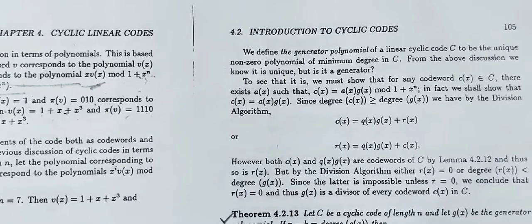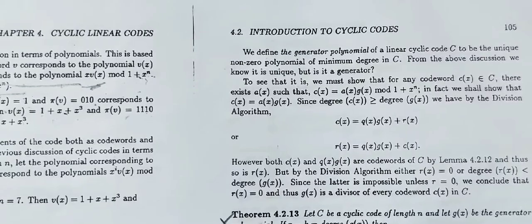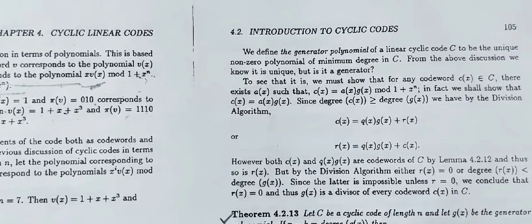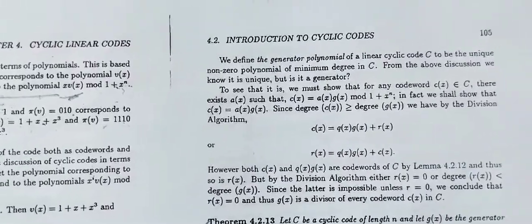This set spans the linear code C, so v is the generator of that linear code. We will check that v is the generator.